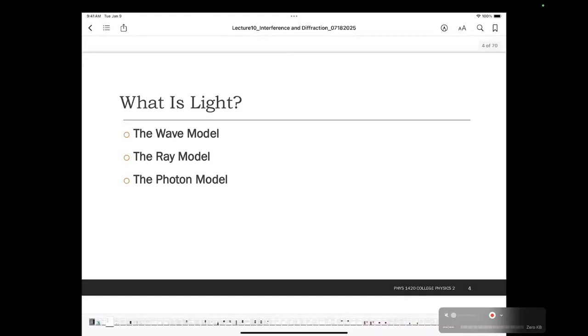So, what is light? We talked about this last class. Under some circumstances, light acts like particles traveling in a straight line. In other circumstances, light shows the same kind of wave-like behavior as sound waves or water waves.